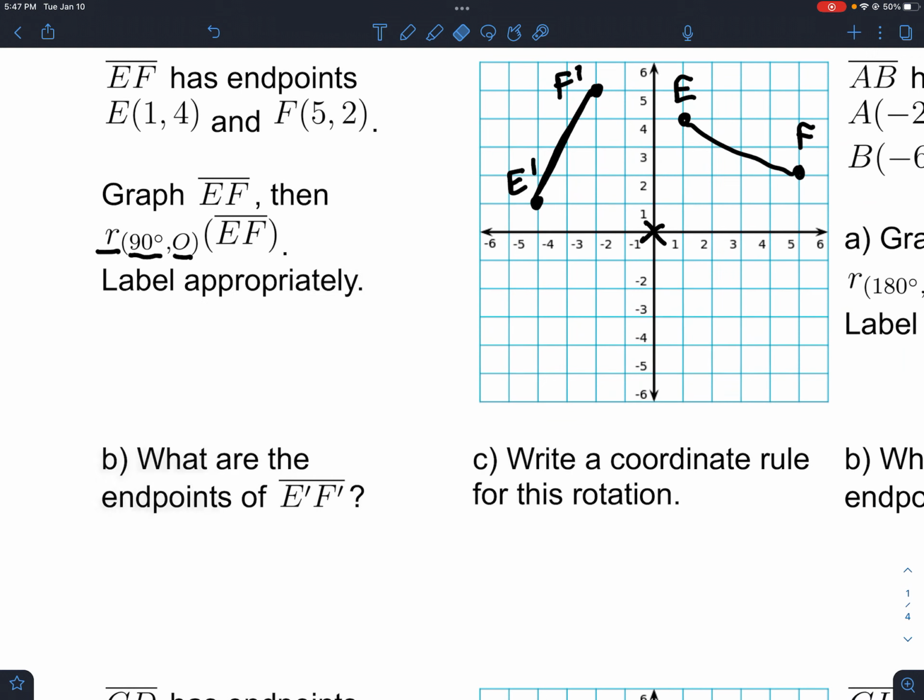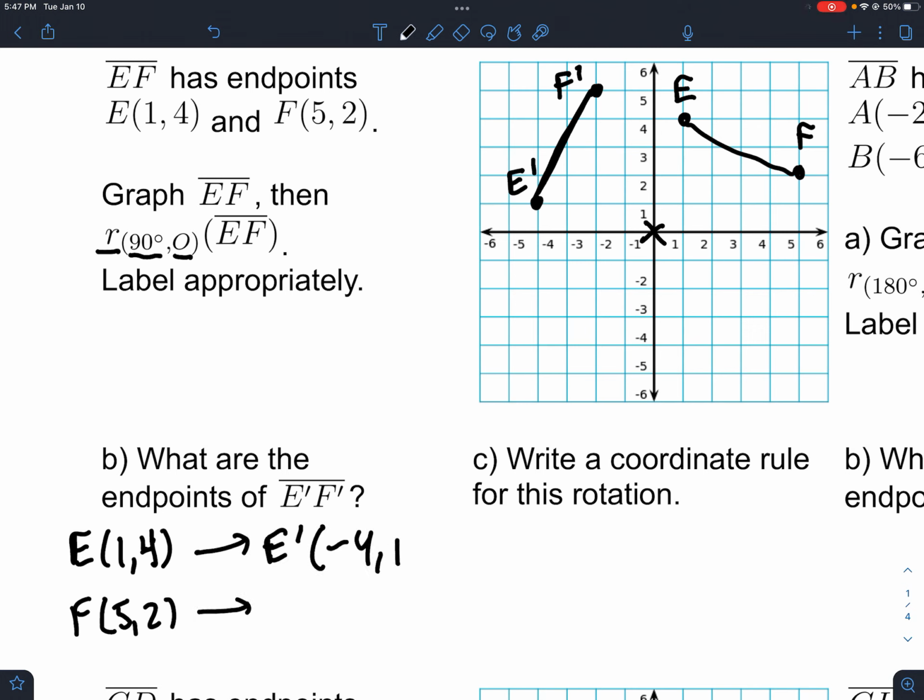And then of course we want to label the points. So let's take it slow here and write down the original points and where they went. So E prime ended up being at -4, 1. F prime was at -2, 5.